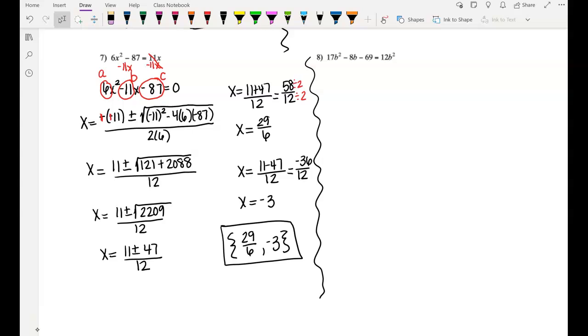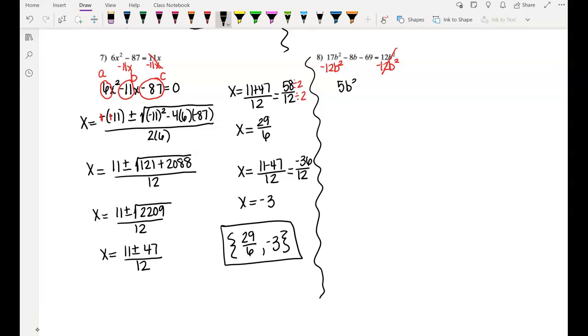Number 8, 17b squared minus 8b minus 69 equals 12b squared. So I need to move over that 12b squared by subtracting it from both sides.